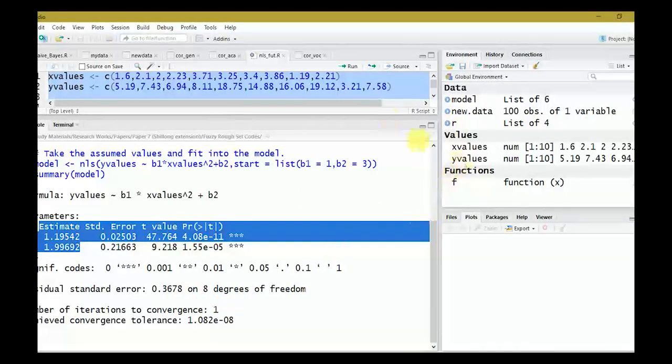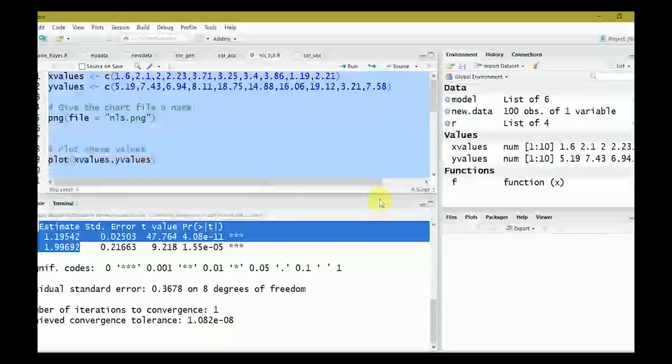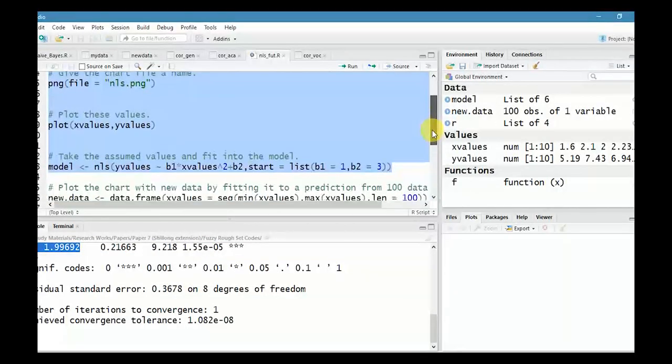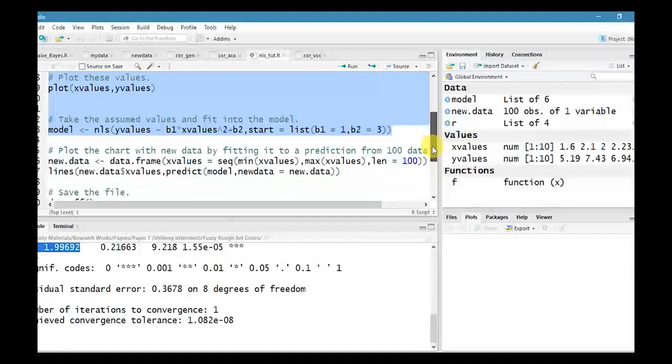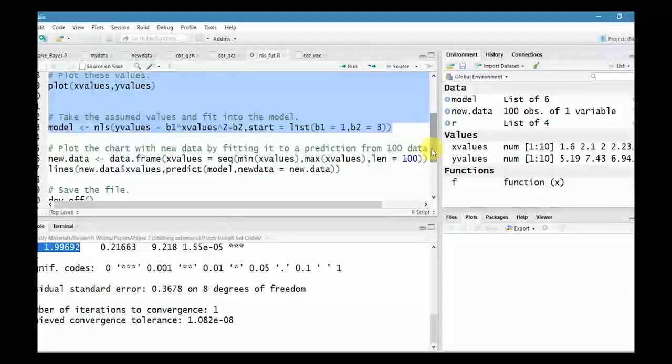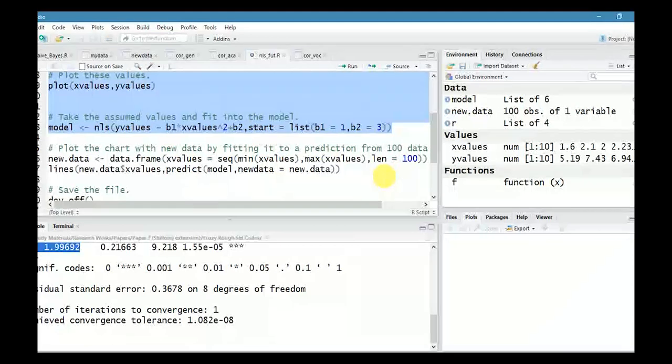Now to predict, we can take 100 random values for prediction. Here we take the values in a data.frame and keep it in a new data file. It will consist of 100 points. You can see the new data is 100 observations of one variable.